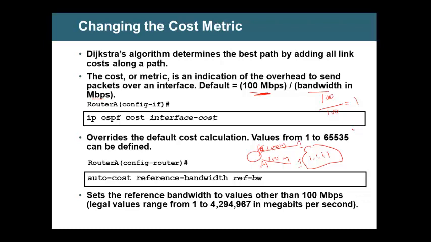Anyway, coming back to this story here, what if I have a gig Ethernet instead of fast Ethernet? 1 gig is 1000 meg.